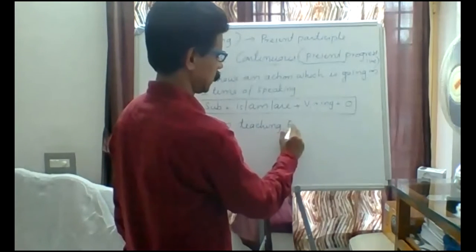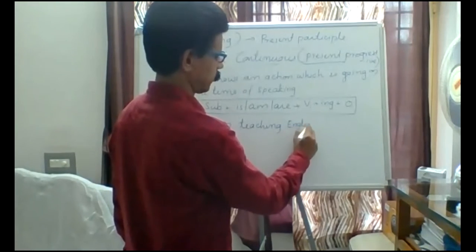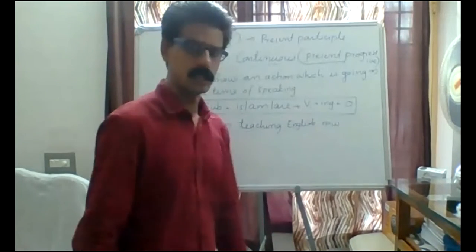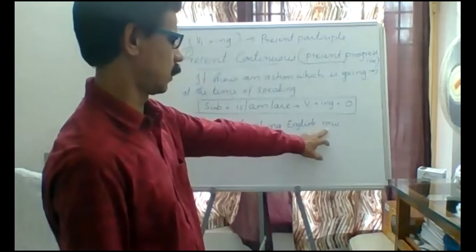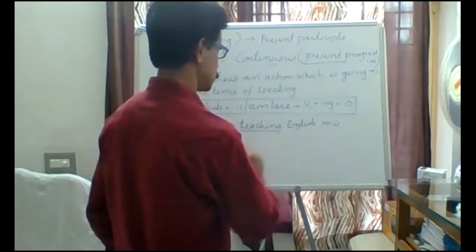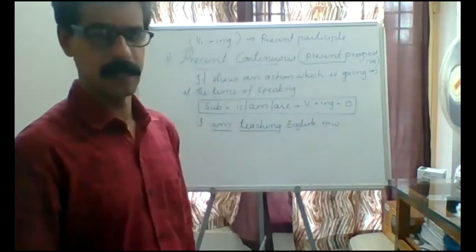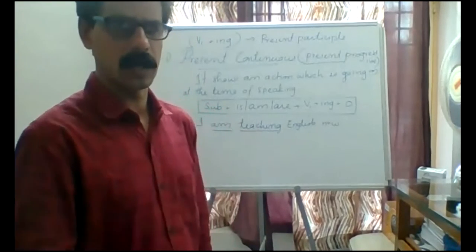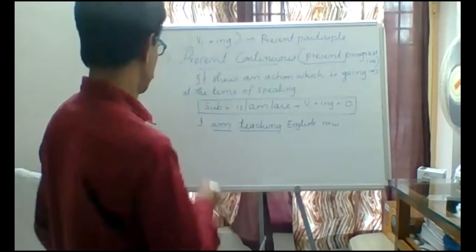I am teaching English now. Here I use the word now, which shows the activity is in progress at the time of speaking. And this teaching activity is in progress at the time of speaking.